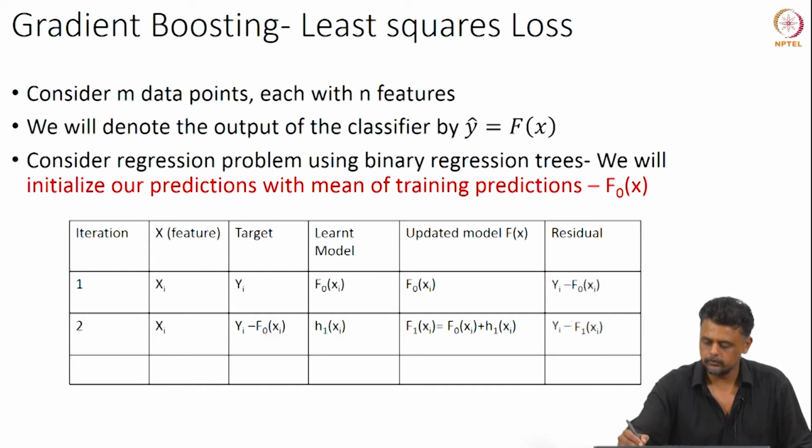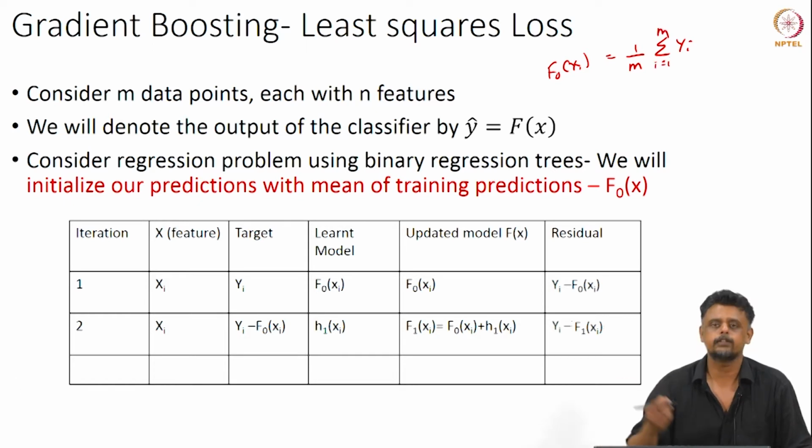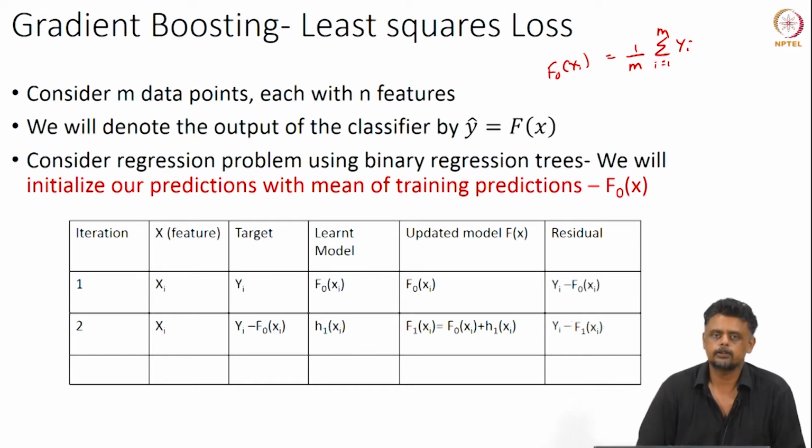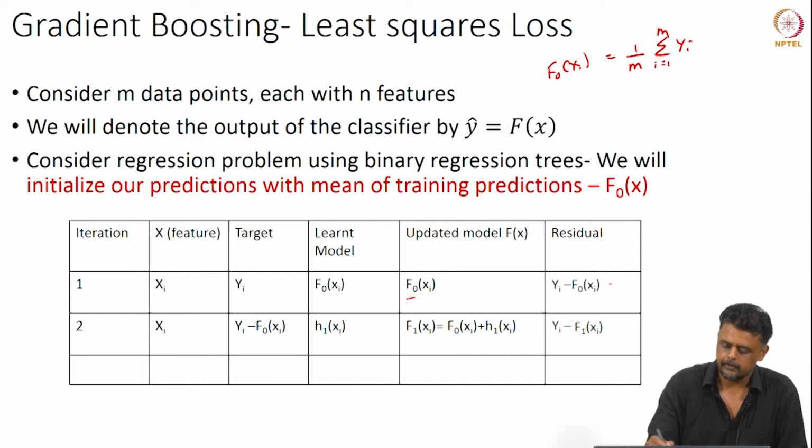So, f0 of xi for all xi is nothing but 1 over the number of data points times the sum of the responses. It is just the mean of the responses. So, every response is initialized to the mean of the responses in the training data, which is just a guess in this case, and then we proceed as before. We call that model f0 of xi, the 0th iteration.